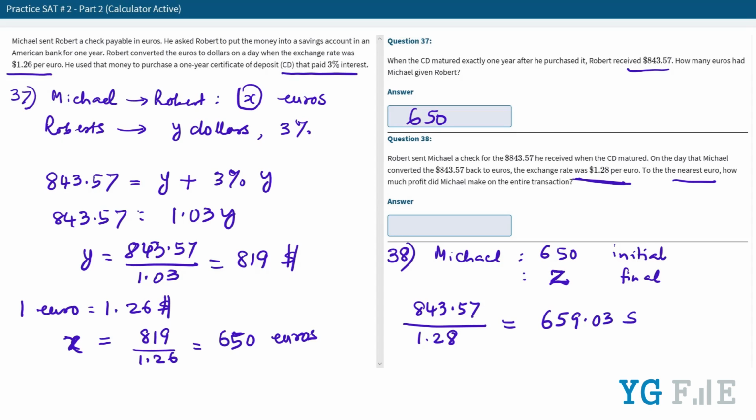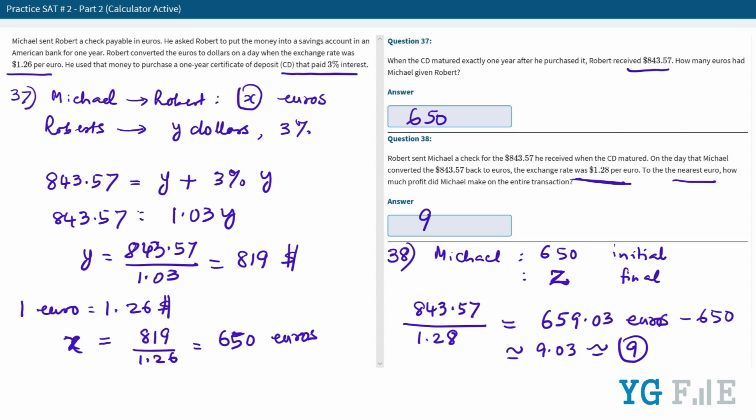So this is the amount of euros that Michael was able to get on that day. Now we need the nearest euro, so after we subtract the 650, the initial euros, we get back 9.03 euros, which is approximately 9 euros because we need the nearest euro.